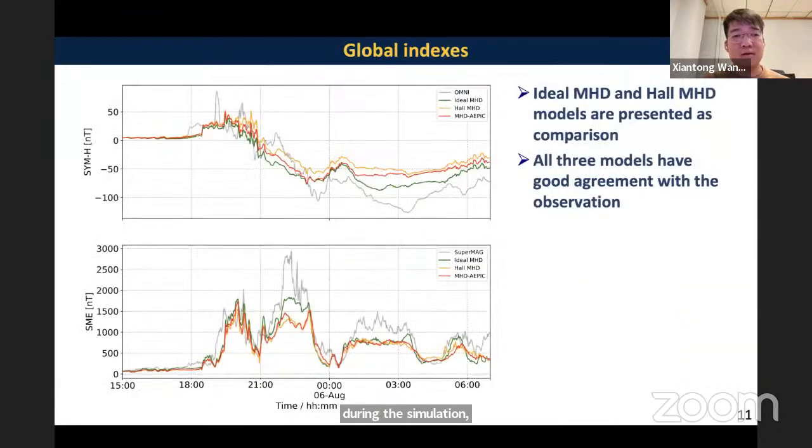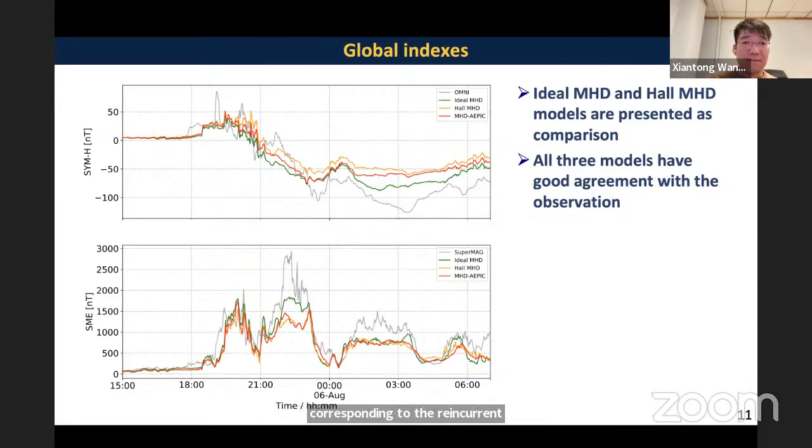When we got the simulation results, we started comparing the runs with kinetic physics to the runs without kinetic physics. We started from the global indexes. Here we show the Sym-H and SME indexes, which correspond to the ring current strength and the auroral activities.